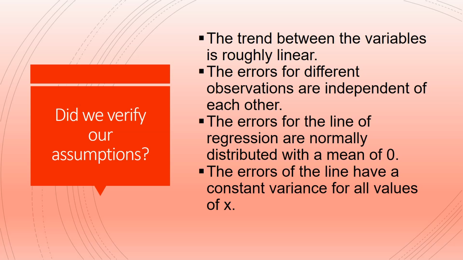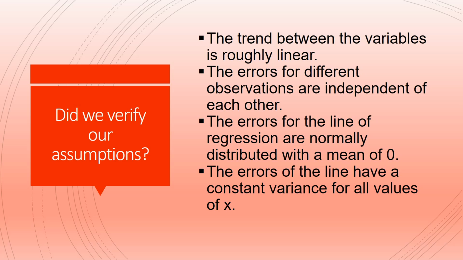So if you have an error for one x value, that has nothing to do with the error for a different x value. They're two separate trials, two separate situations. So those do not affect one another, so the errors are also independent.